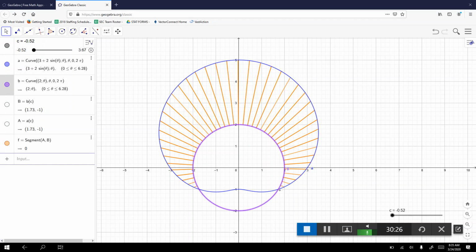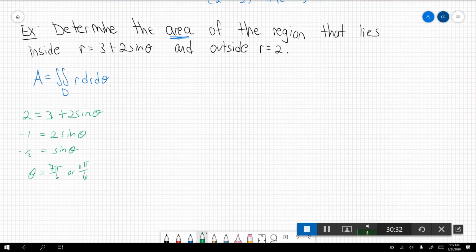In other words, we have to re-index this 11π/6. Definitely 7π/6 is one of the theta values we need, but for 11π/6, I want to think of it differently. Would you all agree that 11π/6 will give the same trigonometric outcome as negative π/6? And it should, because those are coterminal angles, so we should be good.